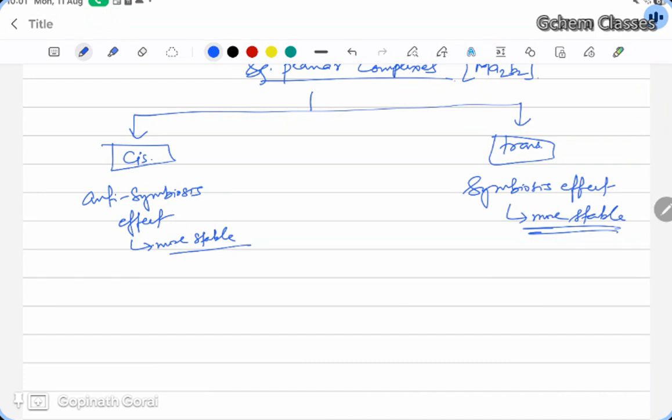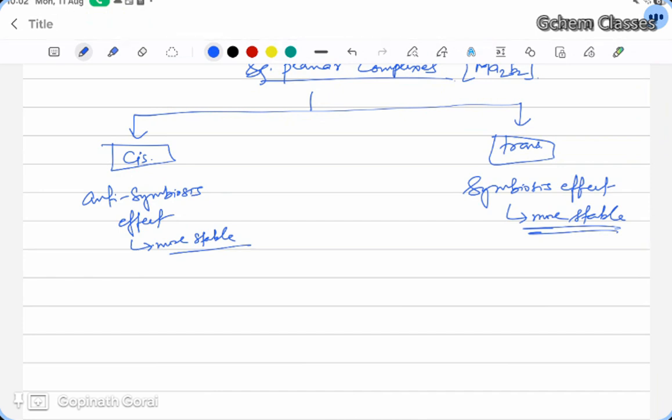But in the case of square planar, if your molecule is in cis form, then you have to see whether it is anti-symbiotic or symbiotic. If it is symbiotic, then it is less stable. If it is anti-symbiotic, then it is more stable. Now, if your complex is in trans form, then you have to find out whether it is showing symbiosis or anti-symbiosis. If it is showing symbiosis, it will be more stable. If it is anti-symbiosis, it is less stable, right?